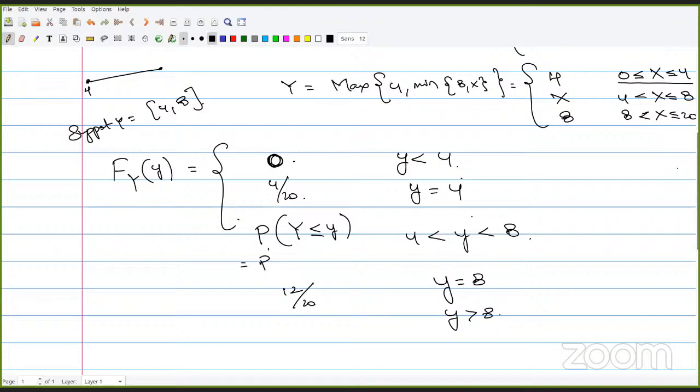So this will be the probability that x is less than or equal to y, the integral from 0 to y of the x distribution, that is uniform 1 by 20, dx.